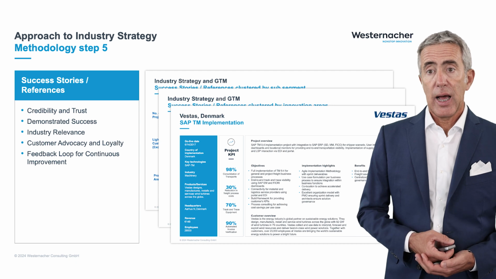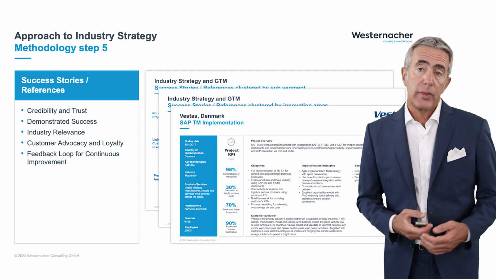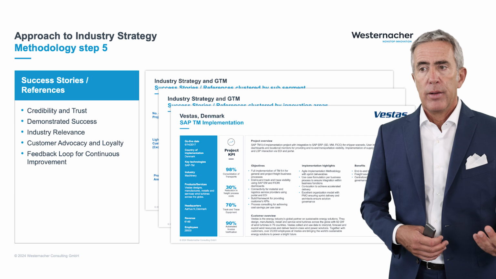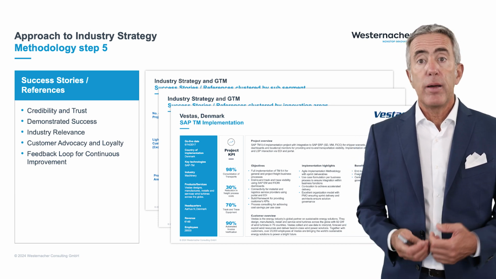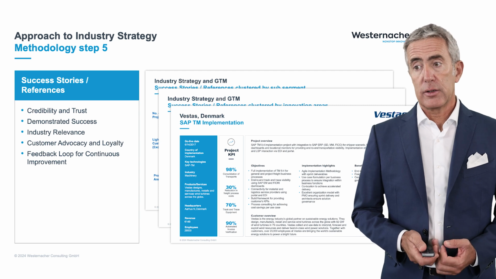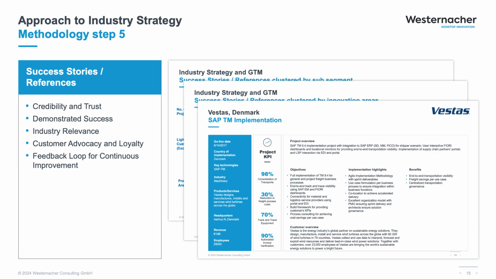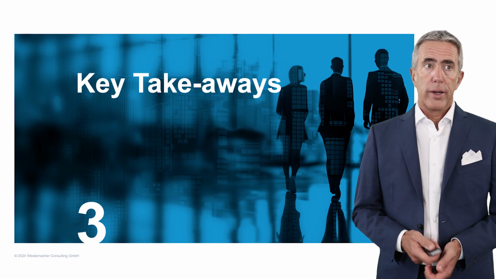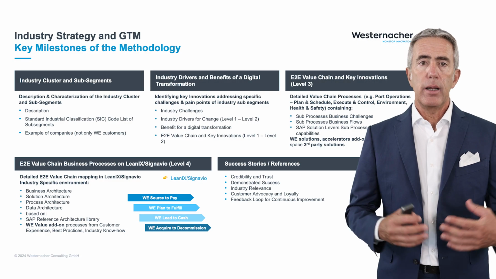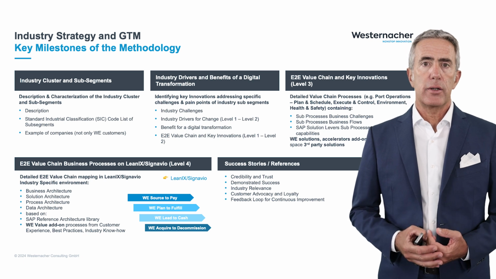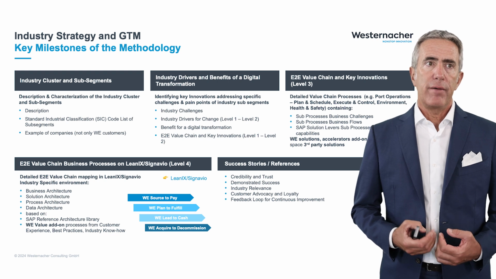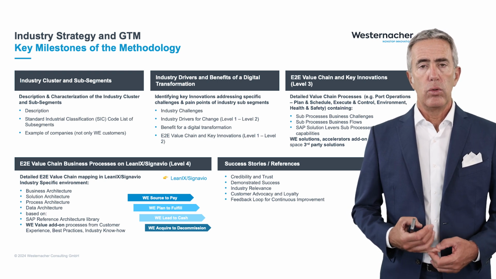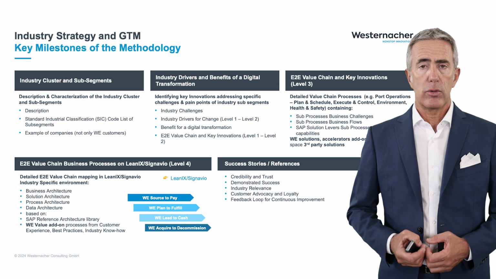In this specific slide, we have a Vestas story with some highlights, the overview, the objective of their transformation, what they would like to achieve, and what they have achieved after the transformation, with the benefits they got out of the project. To conclude, basically, in our industry strategy and go-to-market approach, we defined 5 key milestones in our methodology.